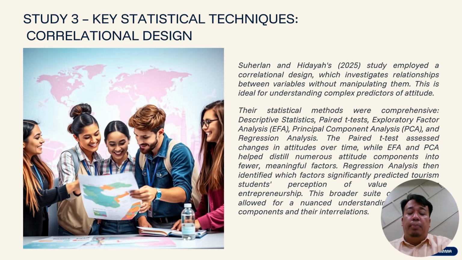The researchers applied several statistical techniques: descriptive statistics to show average scores, paired sample t-test to compare scores before and after the course, EFA and PCA to confirm factor structure, and multiple regression analysis to explore which factors predicted others. For example, they found that students' feelings and interest levels strongly predicted their perceived value of statistics.